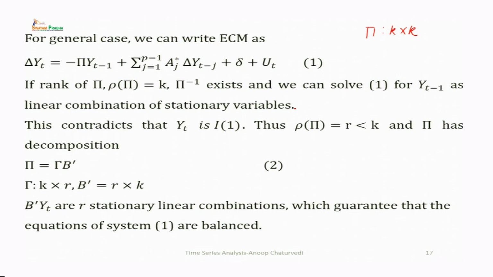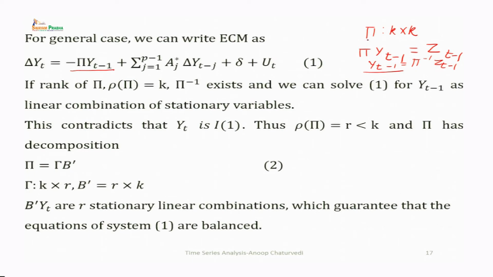So, you look at this equation, if pi y t minus 1 is equal to, say, you write it z t minus 1. Now, this is stationary, then y t minus 1 is equal to pi inverse z t minus 1, then y t minus 1 is also stationary, because it is a linear combination of stationary variables.